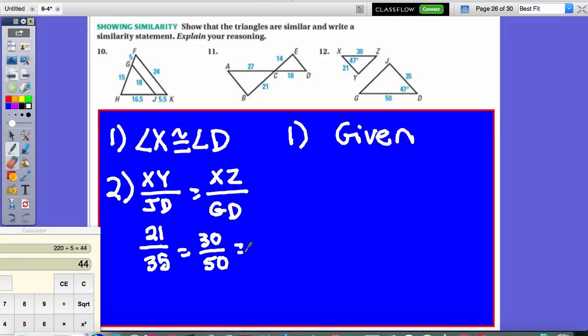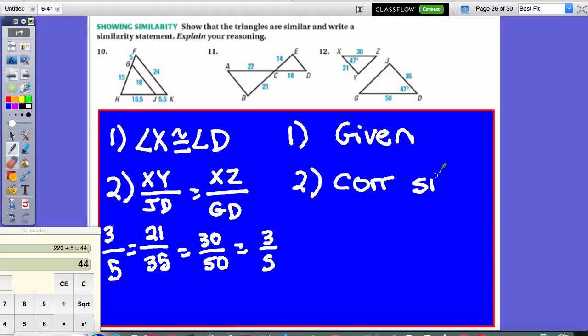30 over 50 simplifies, that one's easy, to 3/5. 21 and 35 are both divisible by 7. 21 divided by 7 is 3. 35 divided by 7 is 5. So they are the same ratio. So corresponding side ratios are equal, and actually it's two sets.